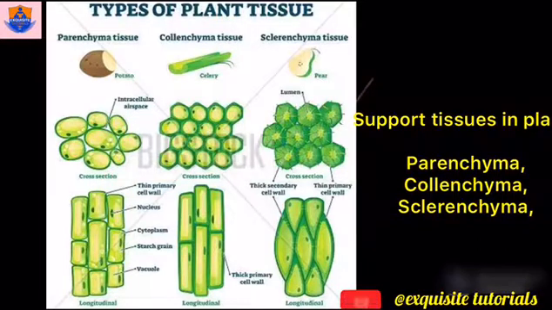Note, a structure providing flexibility should not have a thick or rigid cell wall. Why? Because it provides flexibility. So it should have a thin wall. Parenchyma's thin wall provides flexibility.